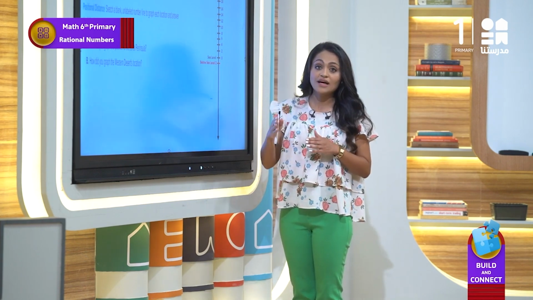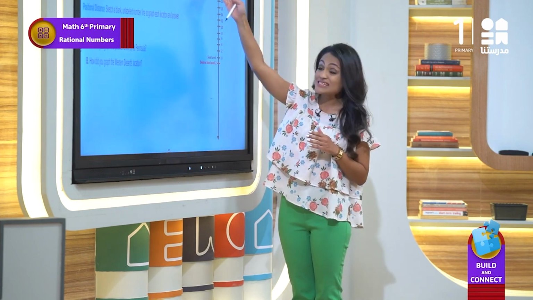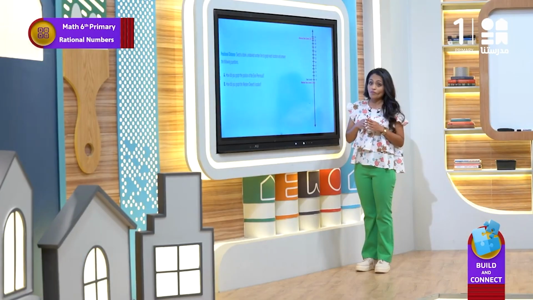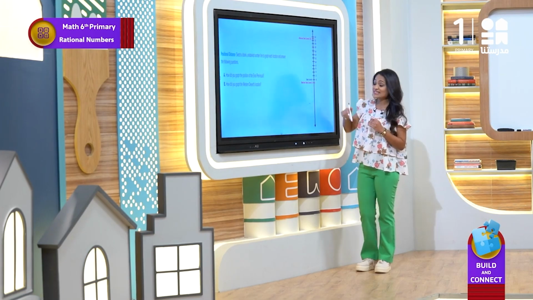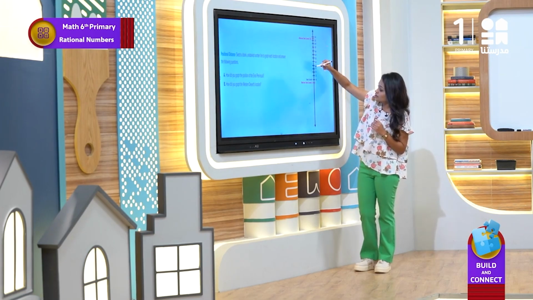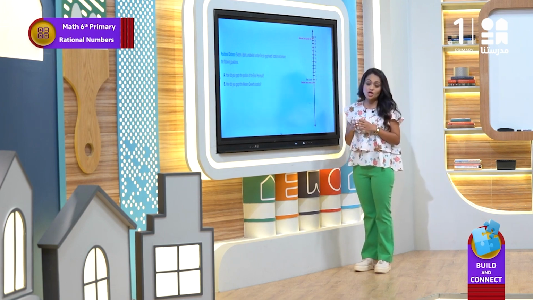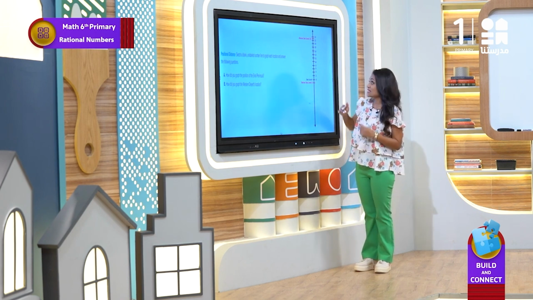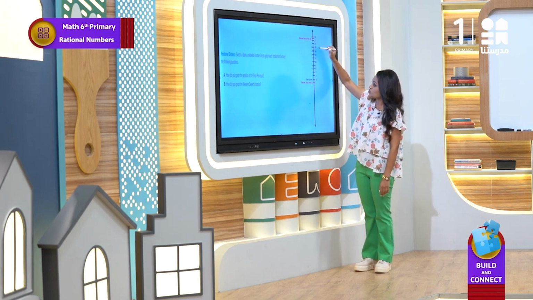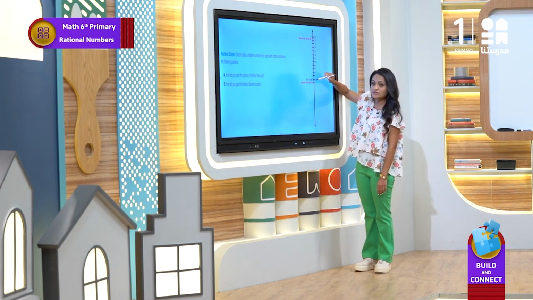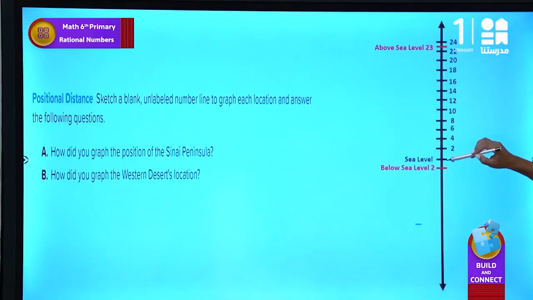In the second question, we want to know how to graph your positional distance from the sea level in the Western Desert. We will find that after we were at an elevation of 23, our elevation has decreased by 25 meters. If you go down 23 to the 0, we need 25, right?